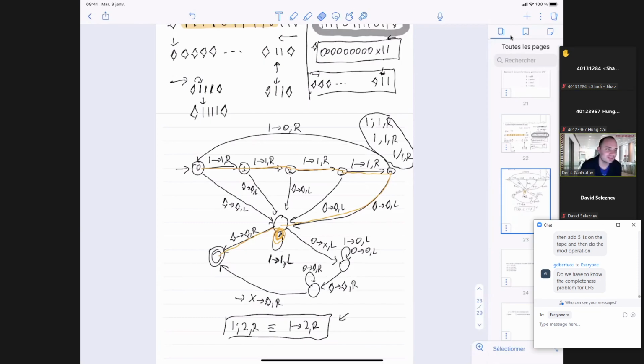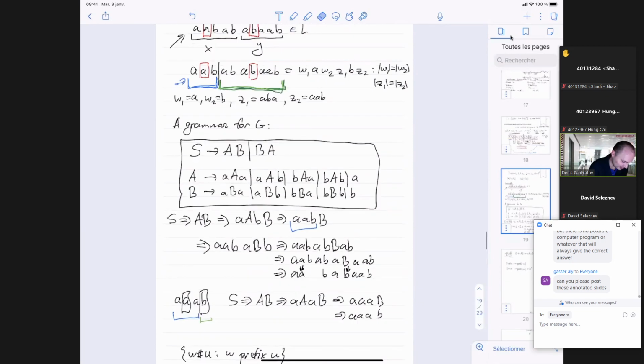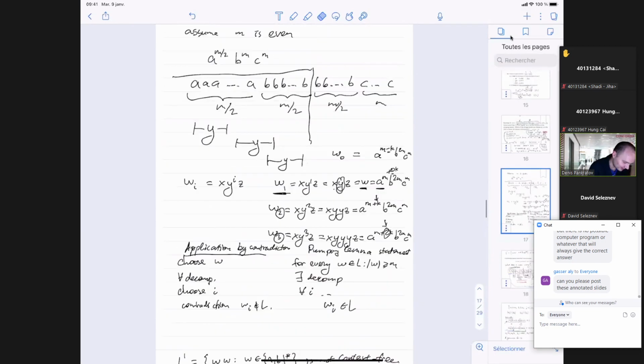Okay, do we have to know the completeness problem for CFG? What do you mean by that? I will post the annotated slides, yeah, sure, but not all the solutions are in there.